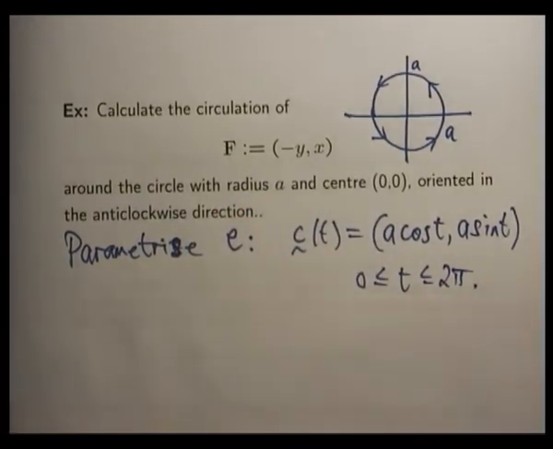I seem to switch between English and American English occasionally. It's a familiar story now. Calculate the derivative of our parameterization, evaluate the vector field along the parameterization, and take the dot product.